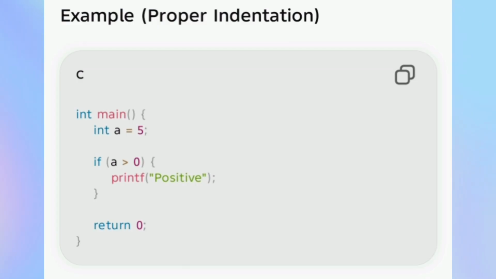Example of poor indentation, showing the previous code again. Here some lines have a lot of space and a few lines have very little space. Int main, int a = 5, compare a greater than or less than or equal to 0, that means a positive number, and return 0.